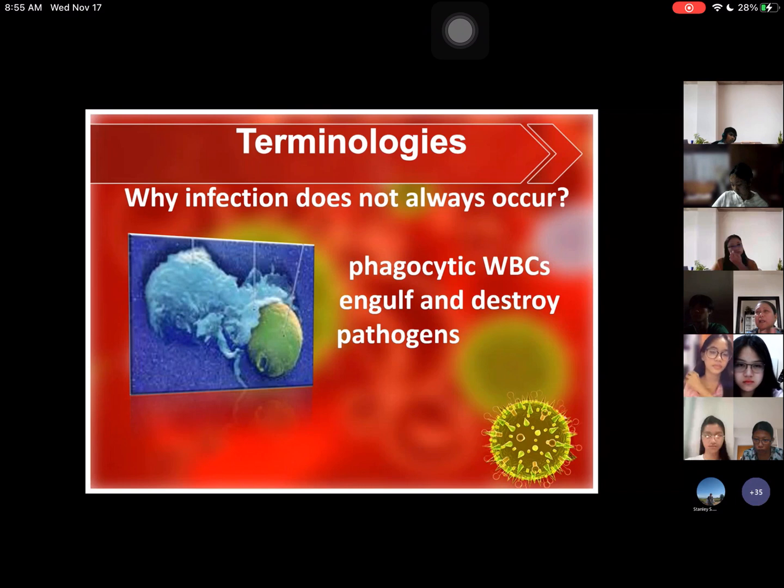That's why the hospital or the doctor usually advises a blood test or urine test, for the doctor to know what exactly your disease is, to diagnose or confirm exactly what is causing your infection. Okay, so that's one reason. Phagocytic WBC usually engulf and destroy pathogens.